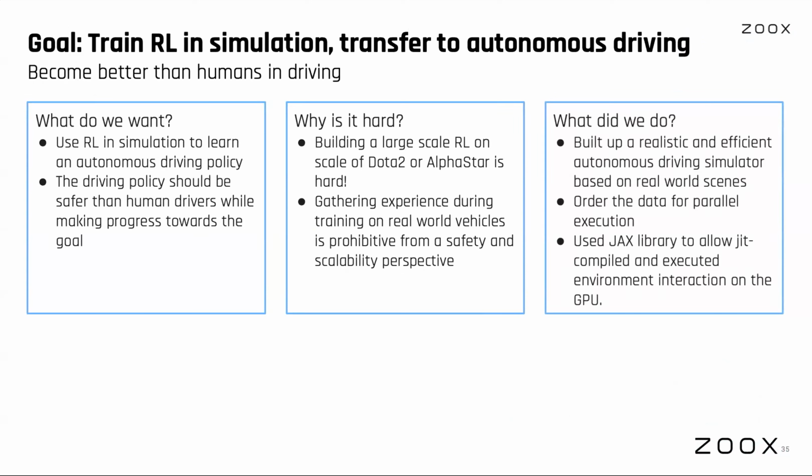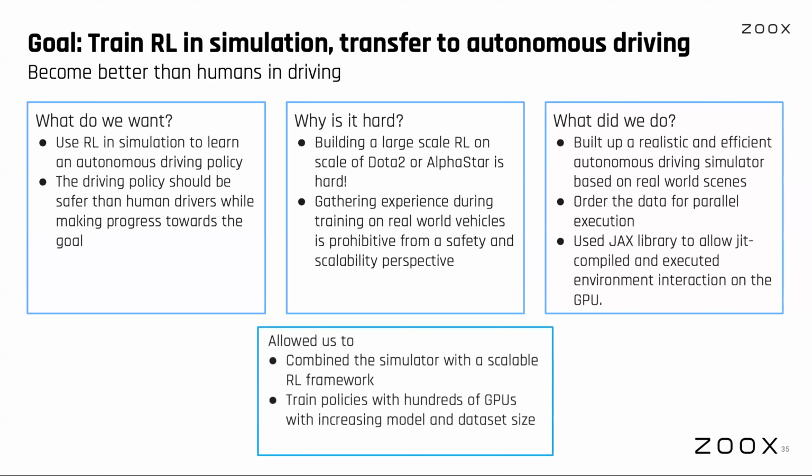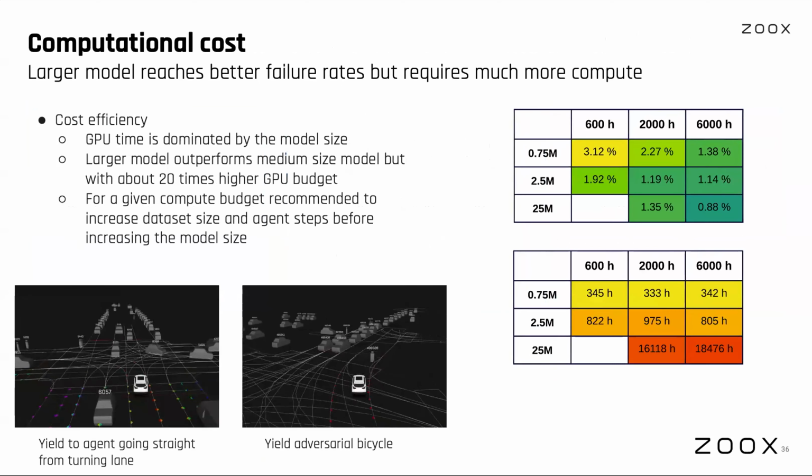And so without getting into the details, and please go and talk to Moritz tomorrow at the workshop about the work that we've done, we are actually able to show that we can scale up by taking advantage of computation and basically good engineering processes, figuring out how to perform parallel execution, and taking advantage of JAX to combine the simulator with the RL framework and train policies with very, very large amounts of data, much more than we were able to do before.